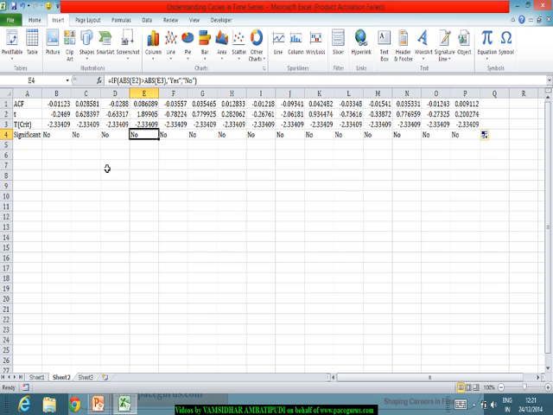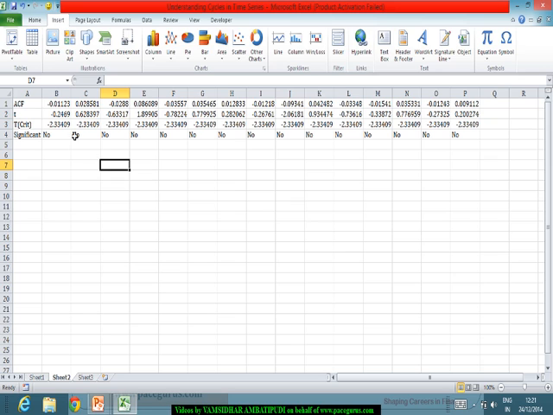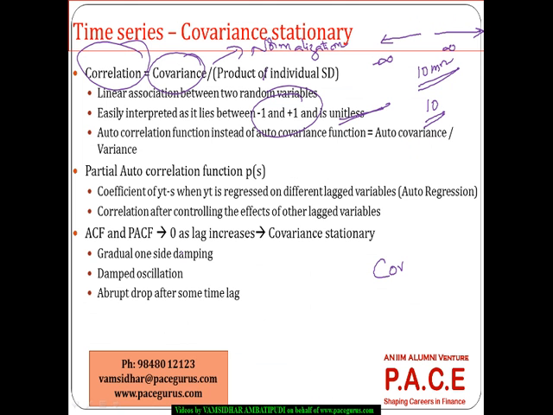So none of them is evolving as significant in any of the cases, right? Which means I see that the autocorrelation is almost closer to zero in each of these cases.